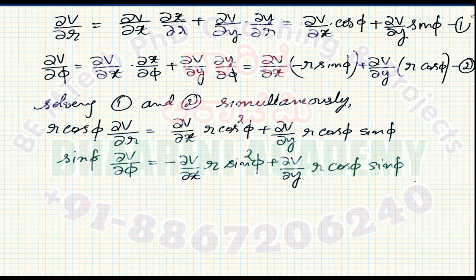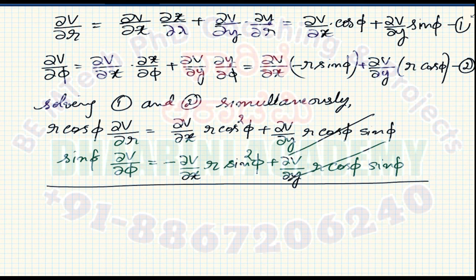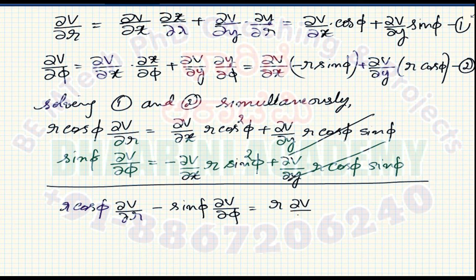Now I can subtract. When you do the subtraction, these two will get cancelled, right? So I have r cos phi ∂v/∂r minus sin phi ∂v/∂phi is equal to, I have the ∂v/∂x and r common.